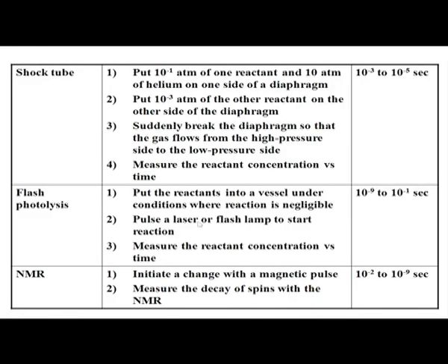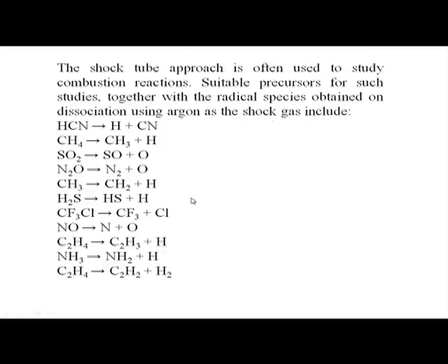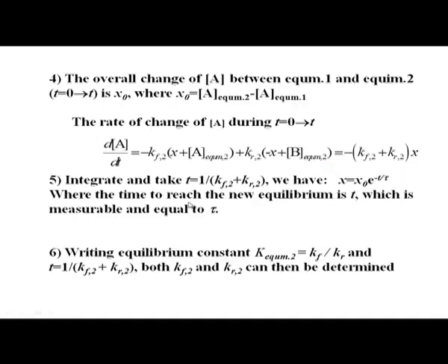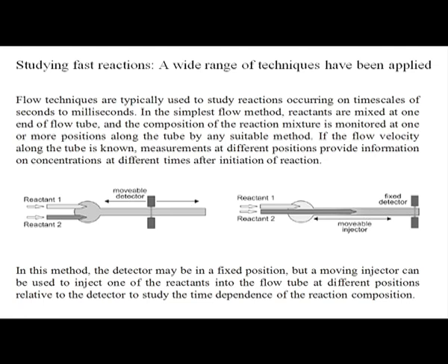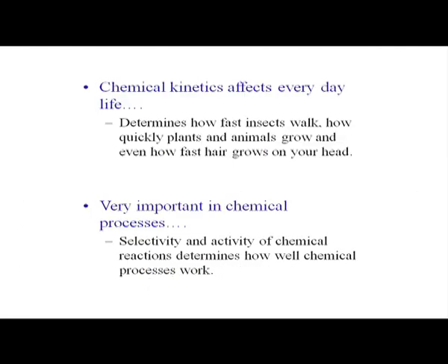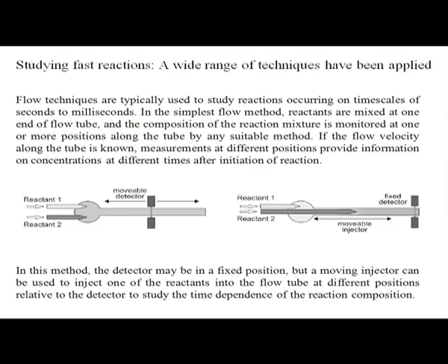Okay. So let us again come back to what we have learned today. So we started with the importance of chemical kinetics in our life, and why do we need to study chemical kinetics?